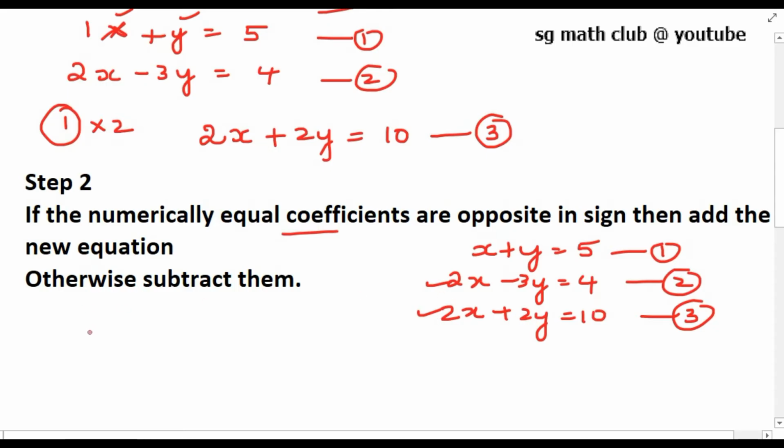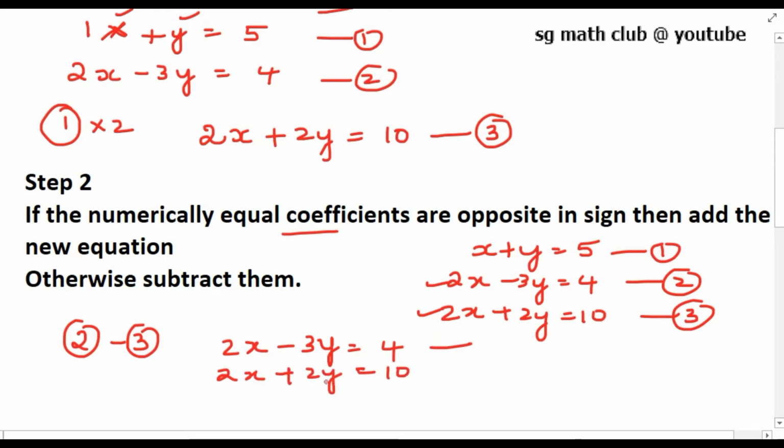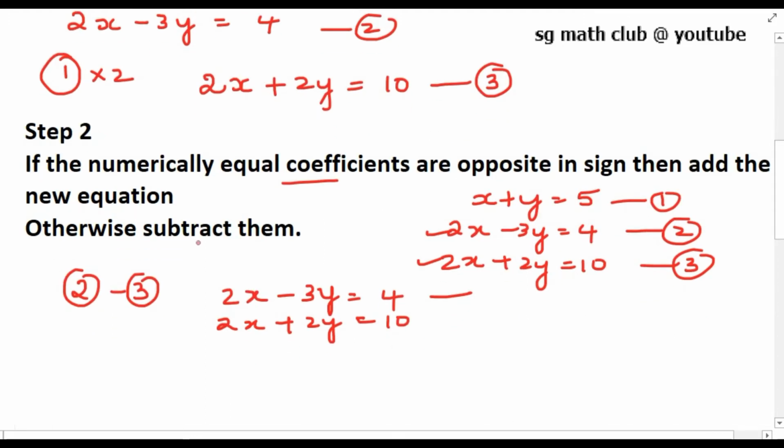So what I am going to do is equation 2 minus equation 3. That means 2x minus 3y equal to 4, and I am going to subtract the new equation, 2x plus 2y equal to 10. When you subtract, you change the sign. This will become plus. So 2x minus 2x cancels.